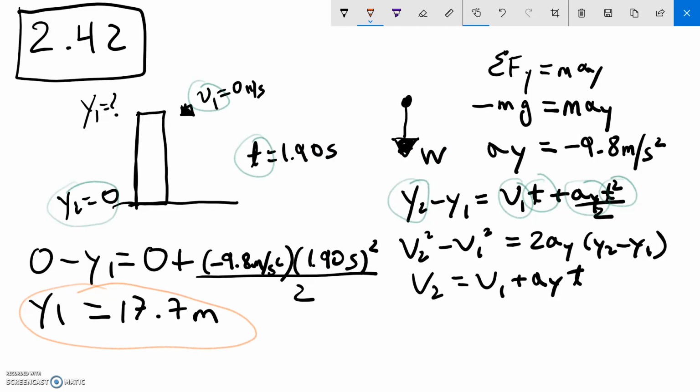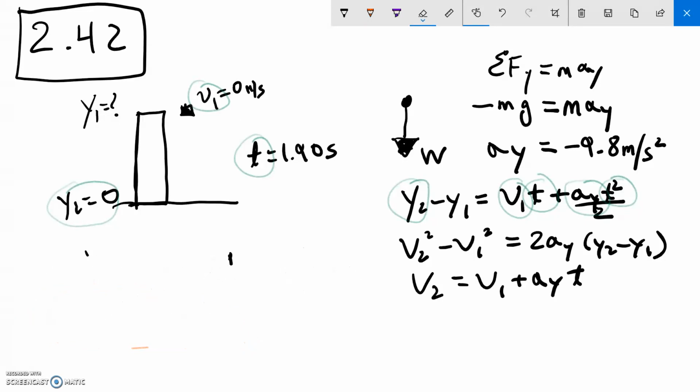The next question is, what is the magnitude of the brick's velocity just before it reaches the ground? So to do that, I know that I have the initial velocity v1, I have the ay, and I have the t.